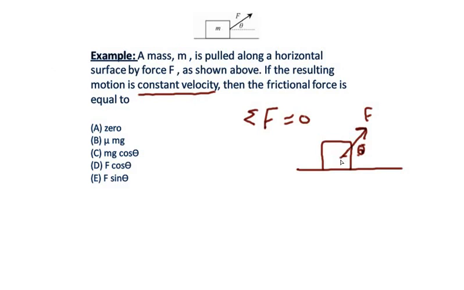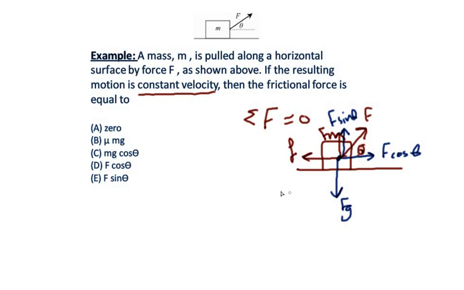Let's decompose this force to two force vectors, F cosine theta and F sine theta. Also we have Fg down and Fn up, and the friction to the left in the opposite direction.